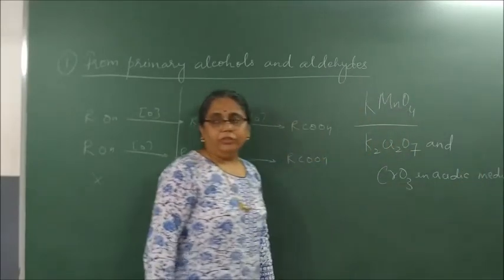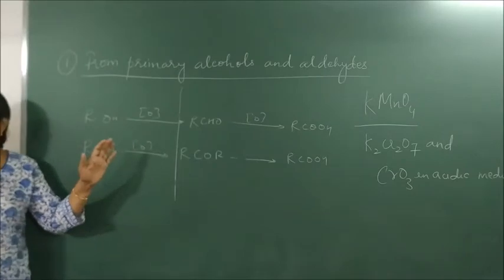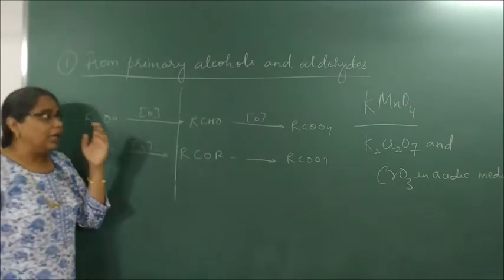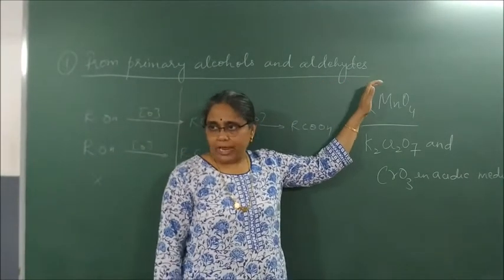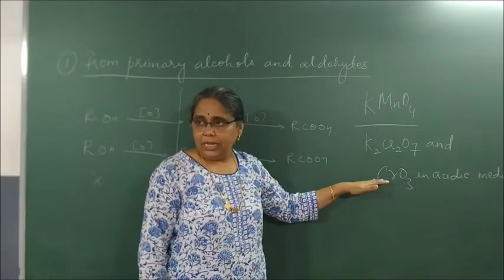So we have three oxidizing agents to convert alcohol into acid. What are the three oxidizing agents? KMnO4 in neutral, acidic or alkaline medium, K2Cr2O7 and CrO3 in acidic medium.